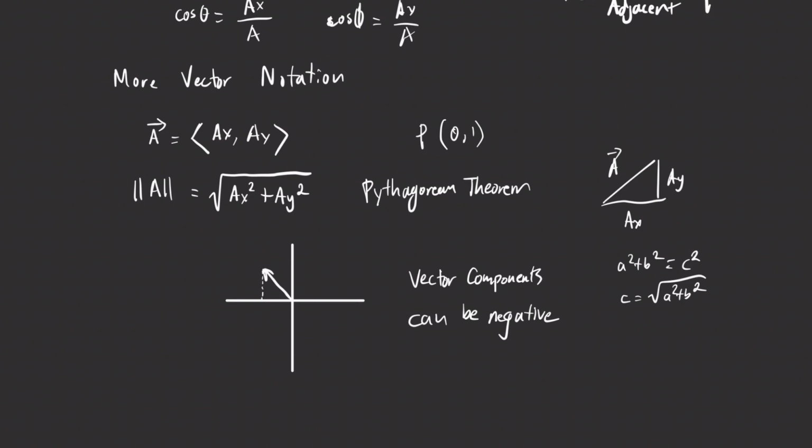Now its ay component is positive, but the ax component is negative because it's going in the left direction, right? The negative direction.